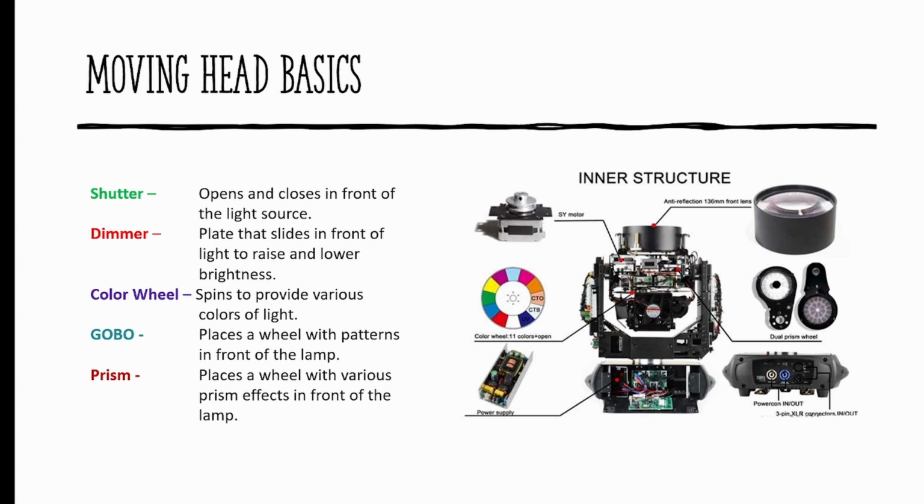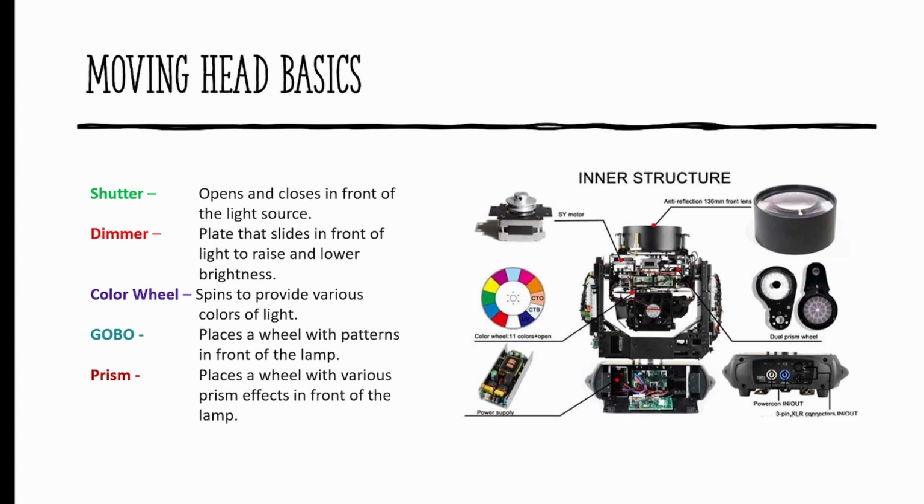And then there's what we call the dimmer, which basically slides a disc in front of the light to block some or all of it. And that's how you basically get your intensity of the light that shines through the moving head. So those two devices are what you're going to concentrate on when we set up the model and when we're sequencing.